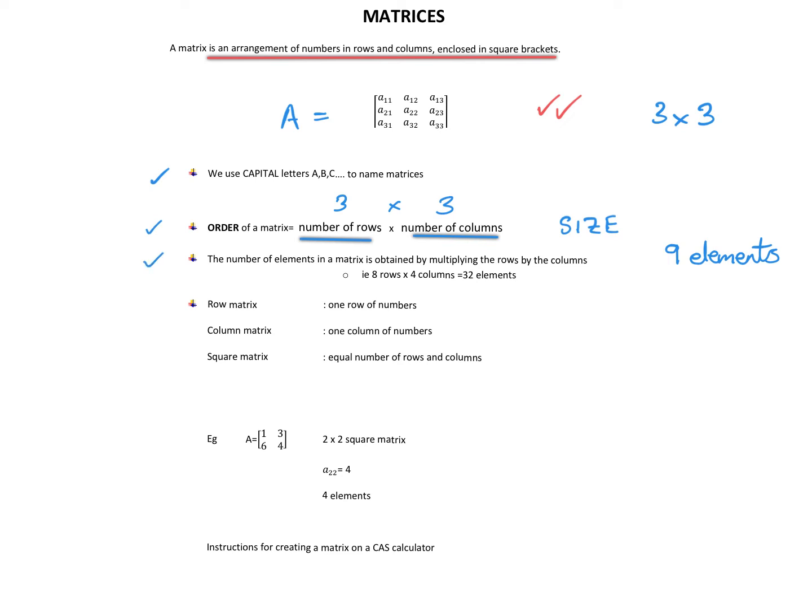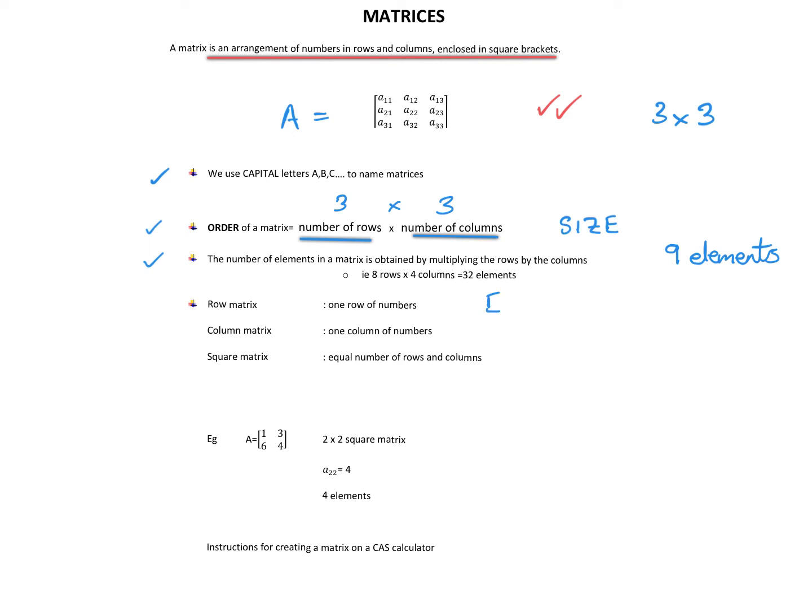There are different names for a matrix: a row matrix, a column matrix, a square matrix. They're fairly self-explanatory. A row matrix is where you just have a row of numbers.